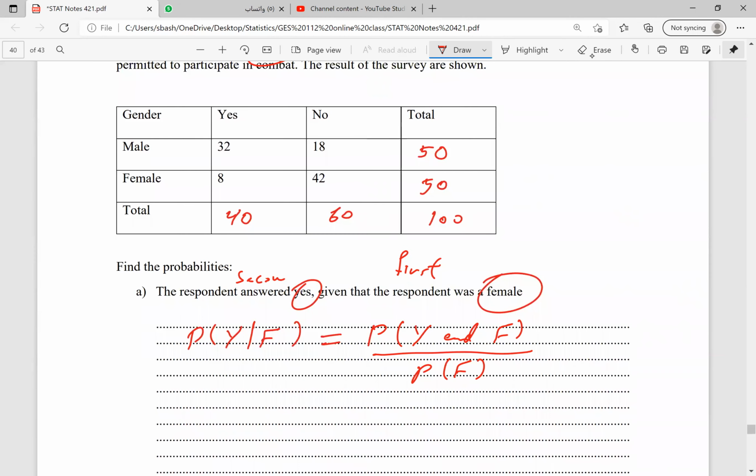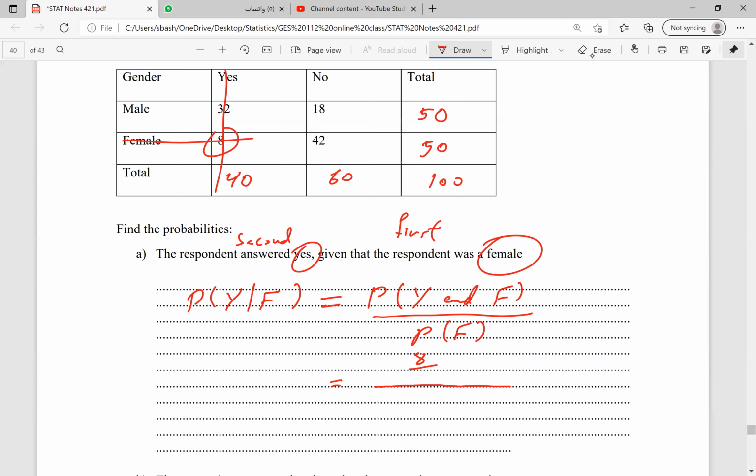Female and yes, there are 8. So we have 8 out of 100. We have 100 people there and 8 females said yes, and out of the 100 we have 50 females.